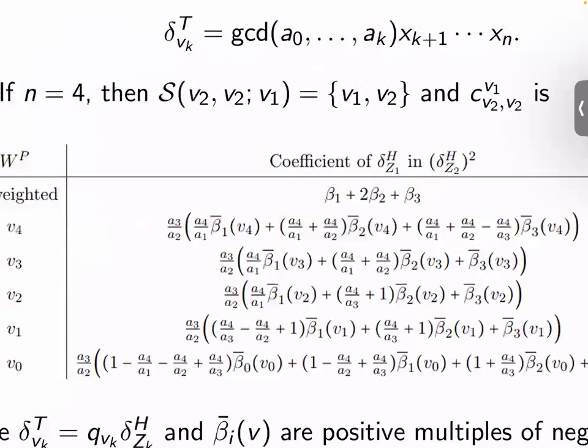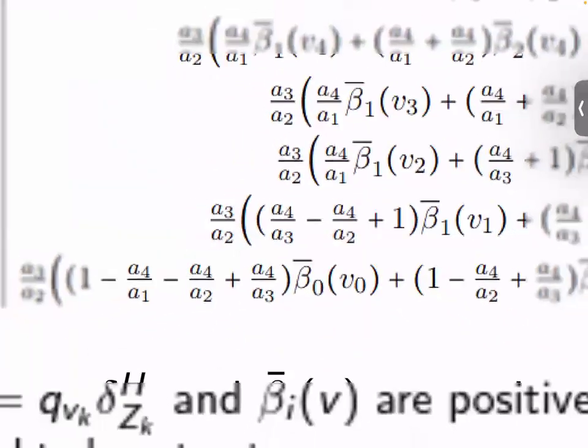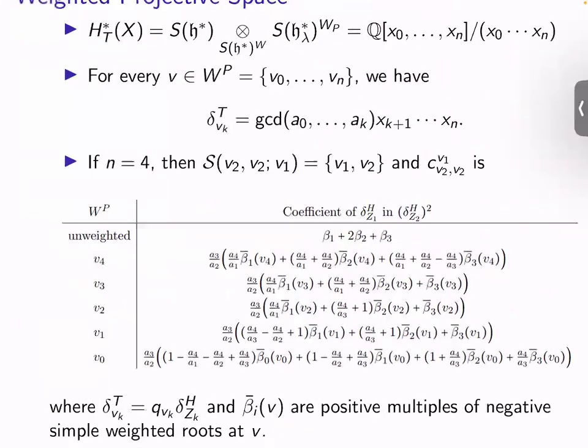So if you look at V1, this first number here turns out to be negative for certain choices of chi. But if you look at V2, no matter what chi you choose, that's going to be a non-negative combination of negative weighted simple roots at V2. Okay. And then it would work all the way up at V4, and you can still see it's positive there.